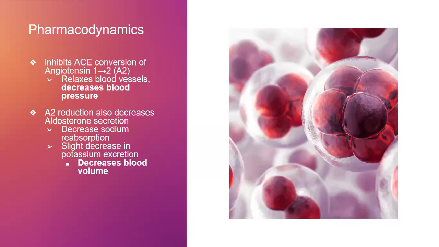And there may be a slight increase in your potassium levels, so it's good to monitor for hyperkalemia. Through this reduction in aldosterone secretion, it's going to decrease blood volume further, giving you that antihypertensive effect.